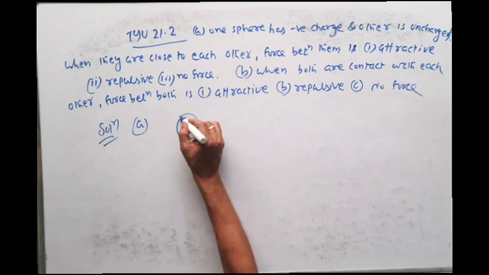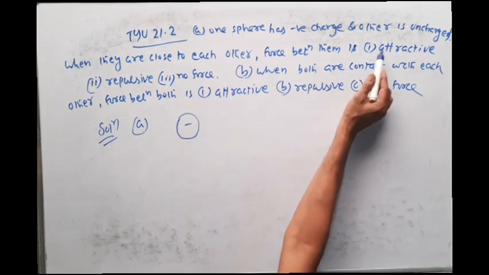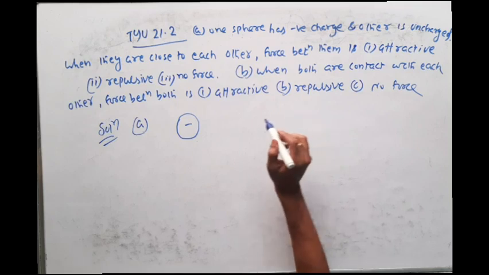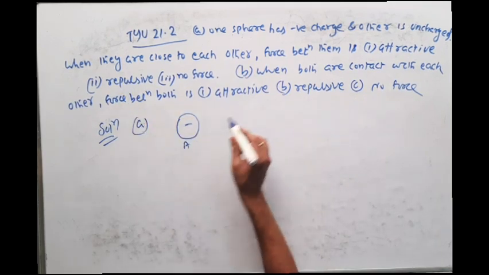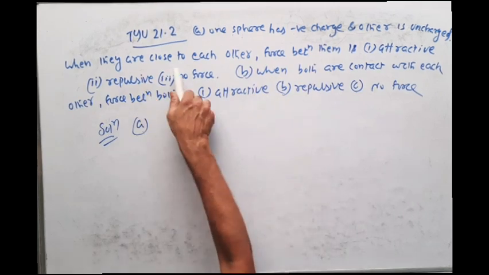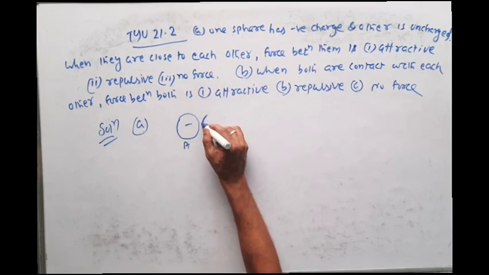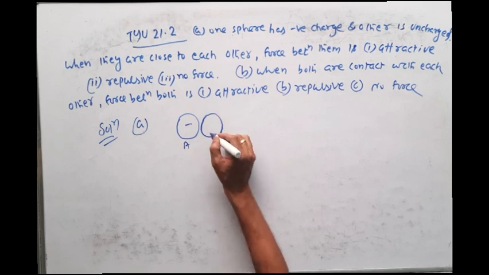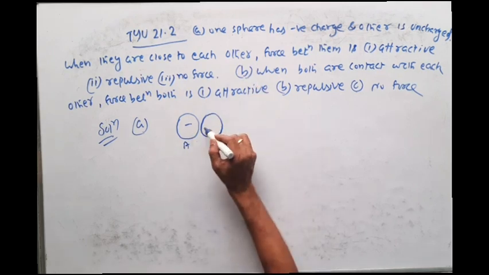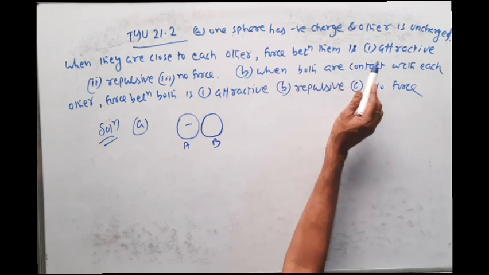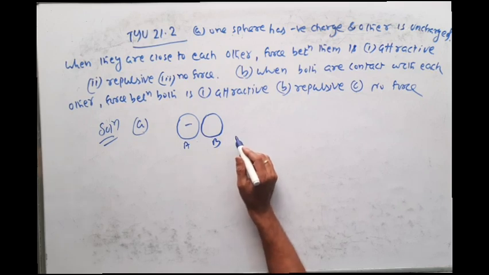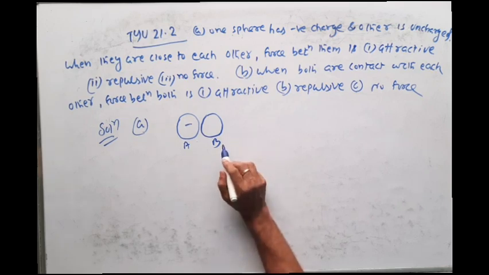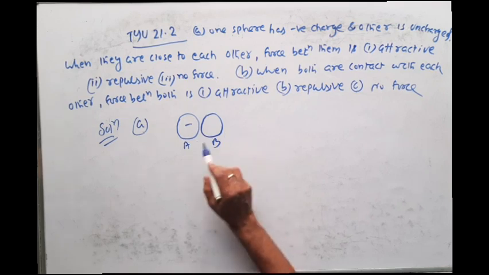Let us say this is A, another uncharged sphere B. When they are very close to each other, this is charged body, this is uncharged body. Then force between them is attractive or repulsive or no force. So what is your answer? Just pause this video and think over this.